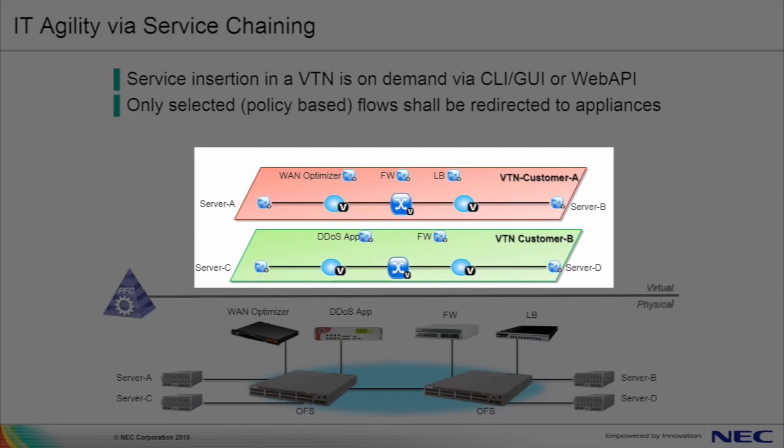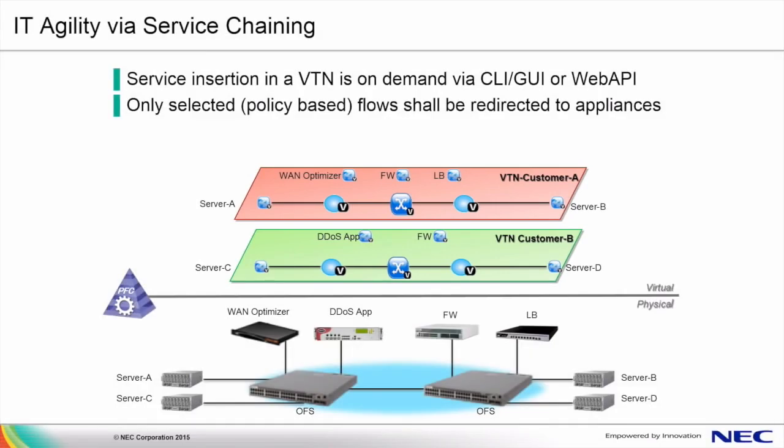Now, moving up to the virtual network view, here we have 2 tenants, customer A in red, and then customer B in green. So suppose here that customer A is leveraging server A and server B, while customer B is leveraging server C and server D. So getting to IT agility, we can introduce specific network functions for different customers as needed.